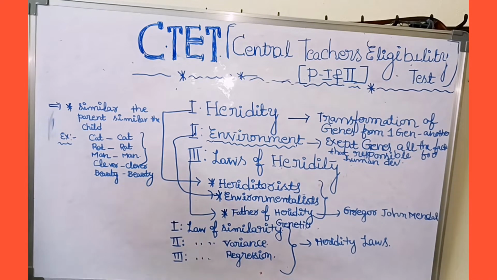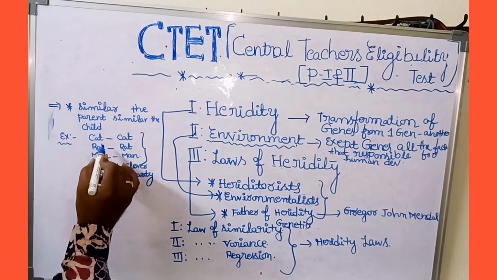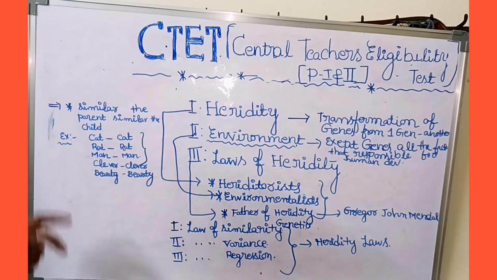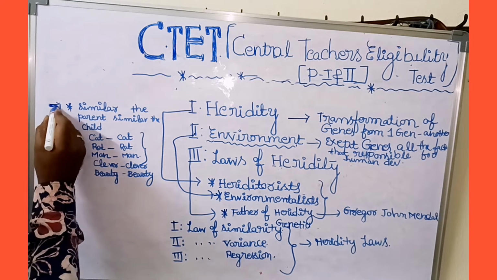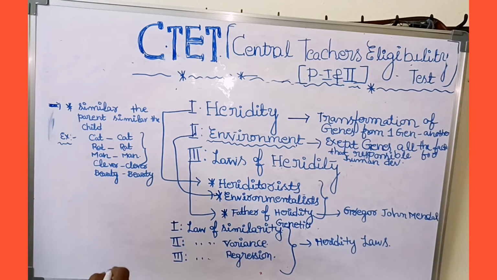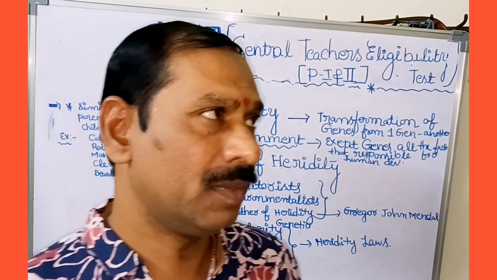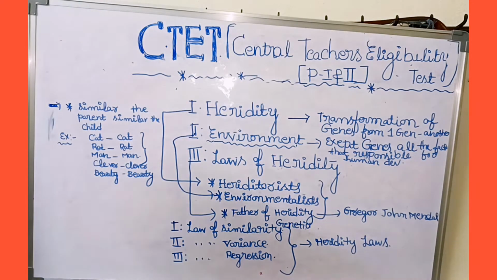So this is the law of similarity, similar the parent and similar the child. These are the examples for the law of similarity. This principle believes in similarity, though in the actual sense it may not occur, but it believes similar the parent, similar the child.